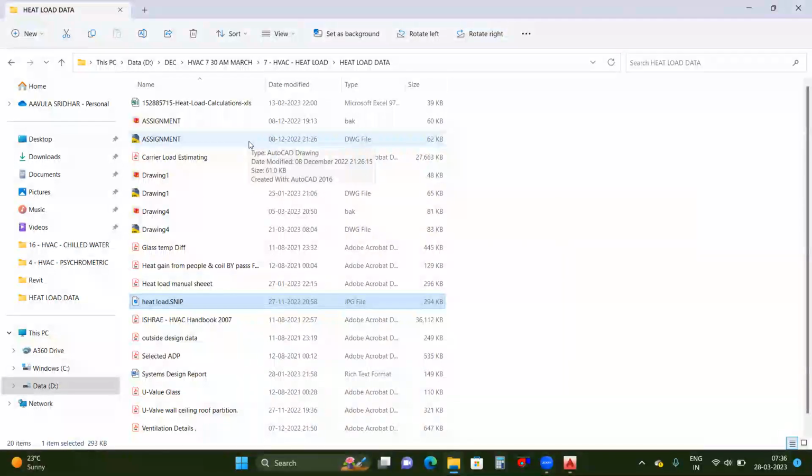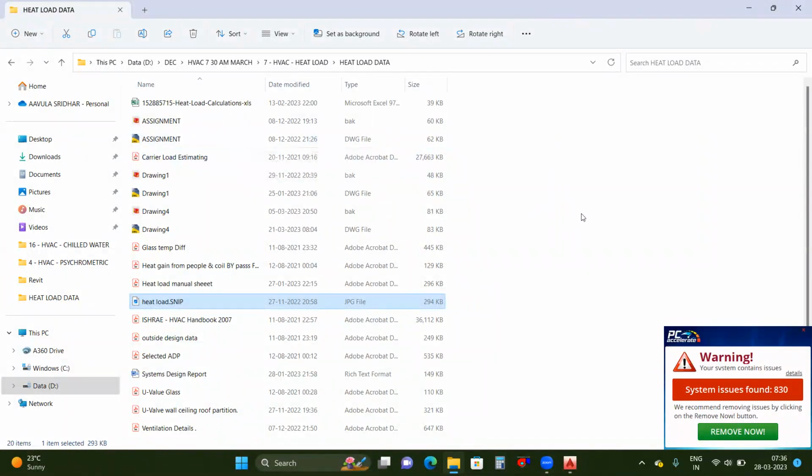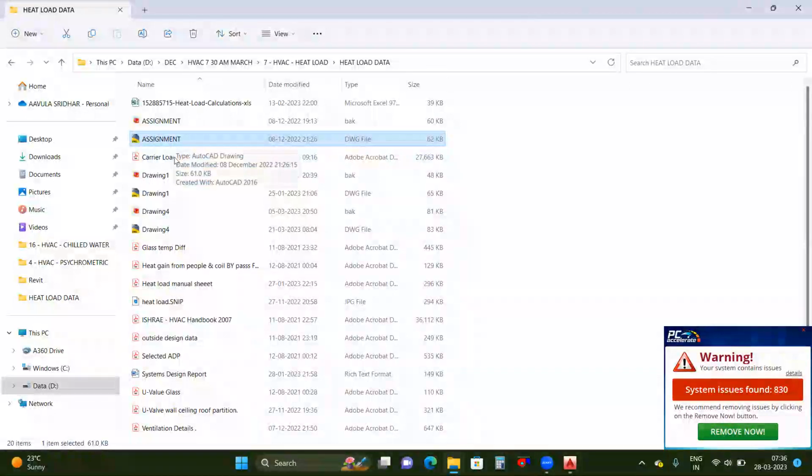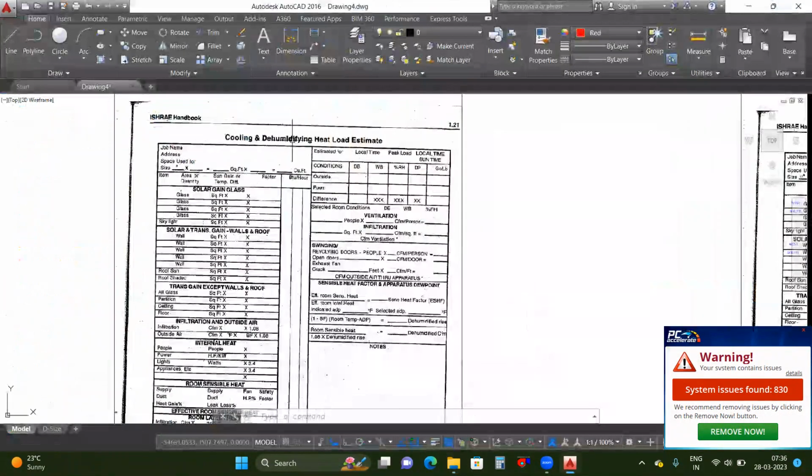I will work on one example so that you can work on this assignment. Simultaneously, whatever I am doing on the heat load calculation, you can work on this heat load sheet with the help of this assignment. I have uploaded it to AutoCAD for entering the values. Now, if required, you can take out the printout and easily practice it. Okay.